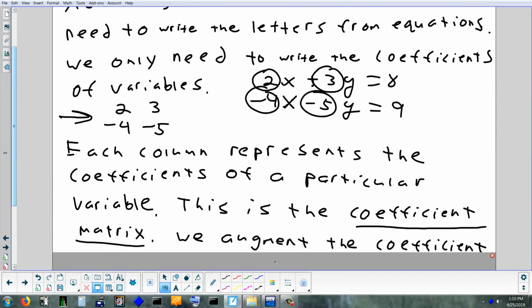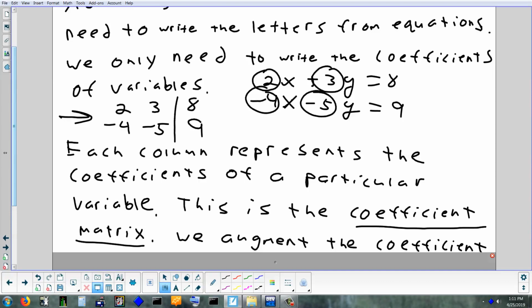Now, what we have to do is we also have to put numbers on the other side of the equal sign. So the way we do that is we go like this. We put in a vertical line, and that just means, okay, whatever's to the right of that line was originally on the right side of the equation. To the left was the stuff on the left. So we augment. Augment means to add a column or a row, in this case a column.